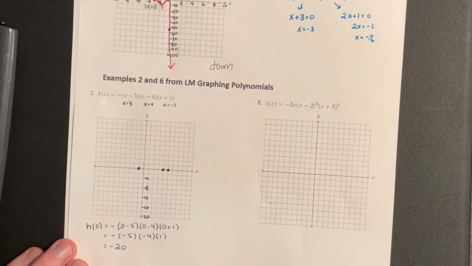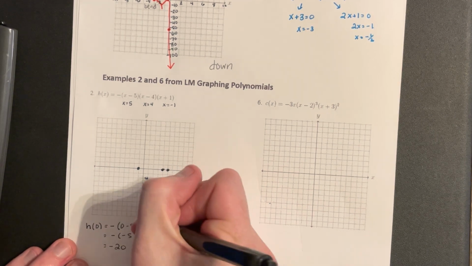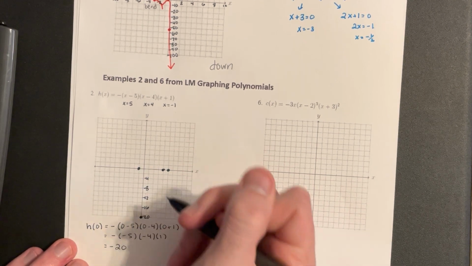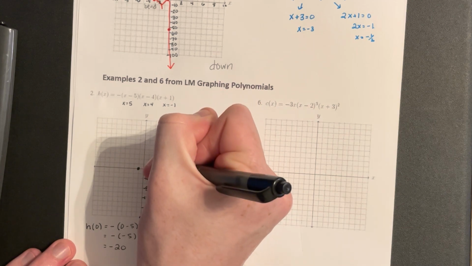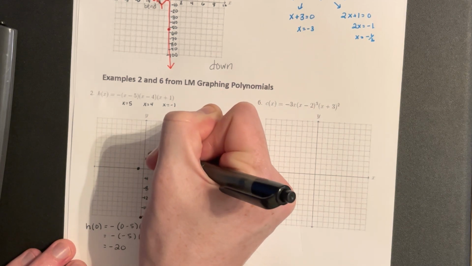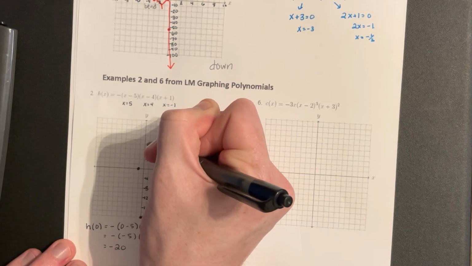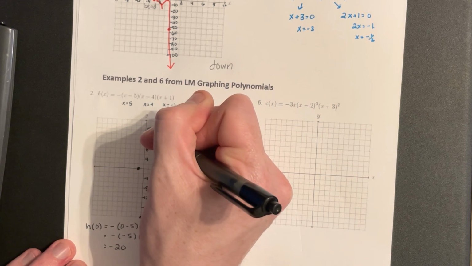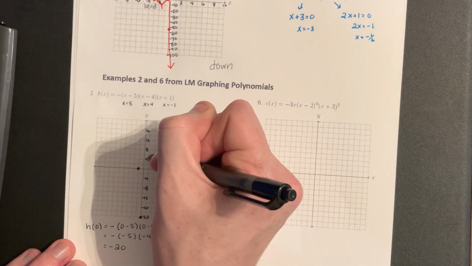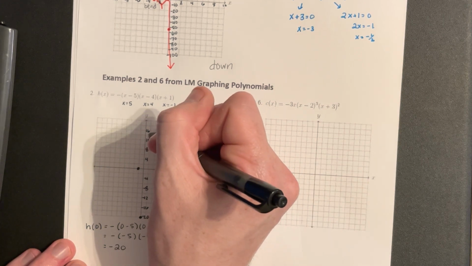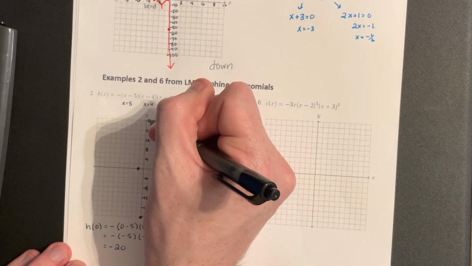So I did that so that I would have a little bit more space here, but I know I'm going to have to go through that point. So that means that first mark on the positive y-axis is 2, then 4, 6, 8, 10, 12, 14, 16, 4, 8, 12, 16, and then 20. Perfect.